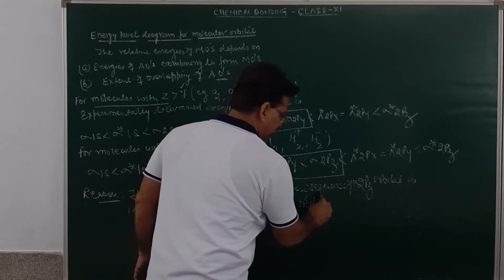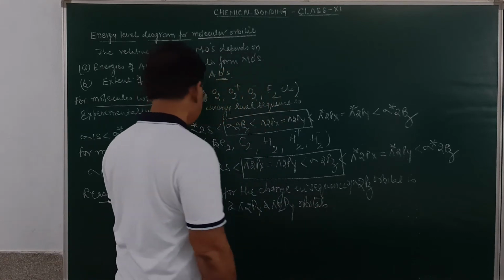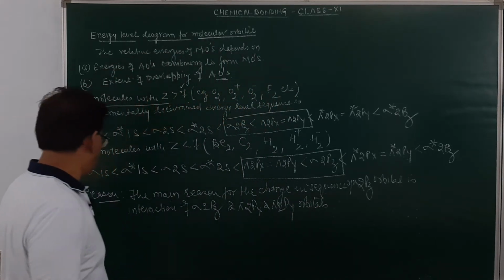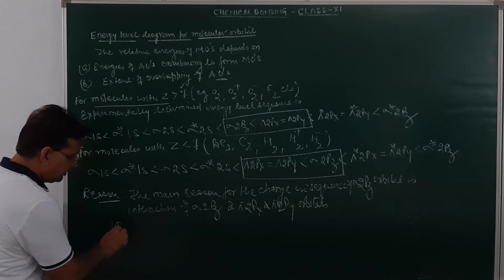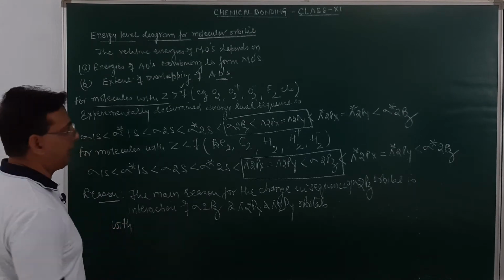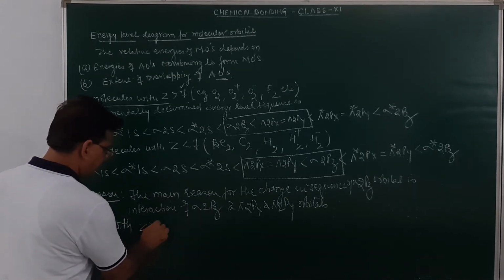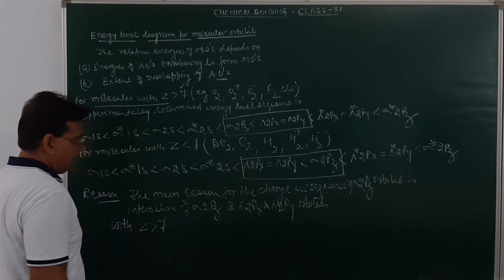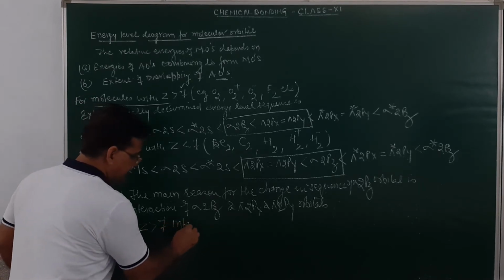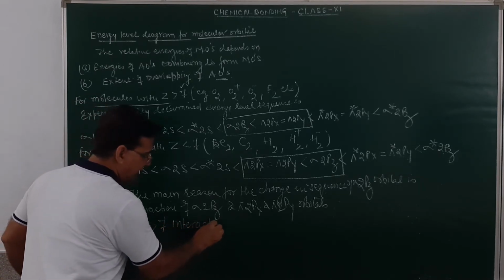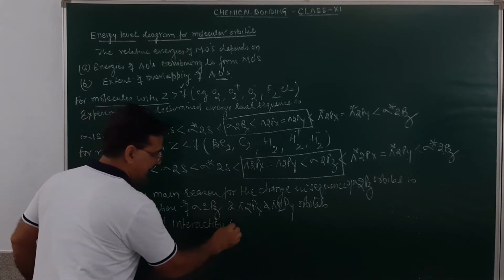Am I clear? With Z greater than 7, interaction is less.